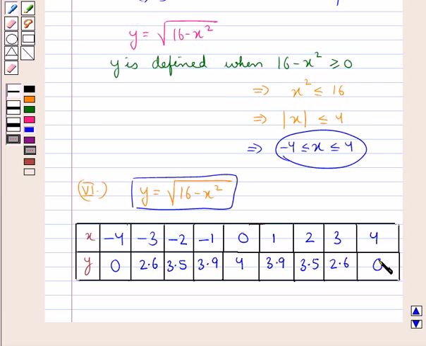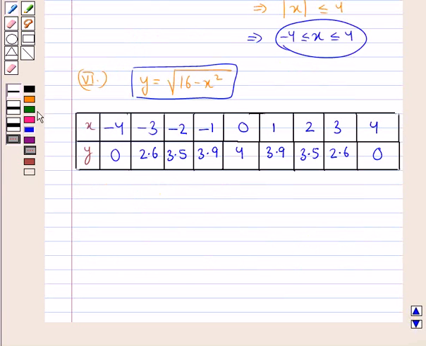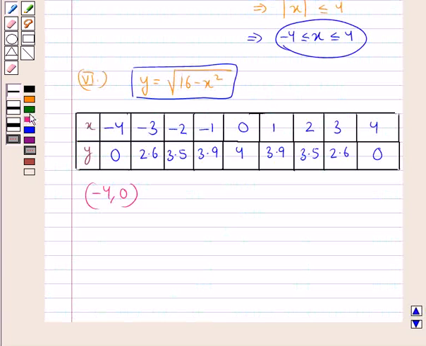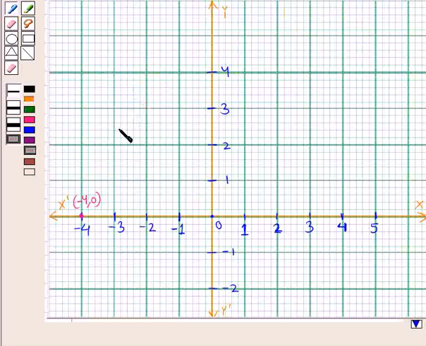Now we will plot these points. So first, we plot the point with coordinates minus 4, 0. So this is the point minus 4, 0. Next point that we have is minus 3, 2.6. This point represents the point with coordinates minus 3, 2.6.